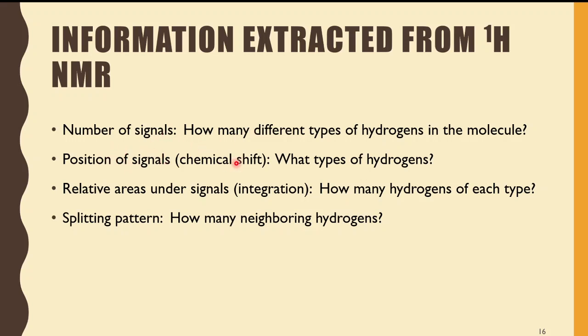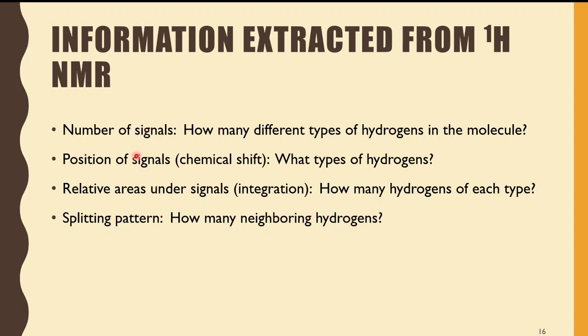The position of the signals tells you what types of hydrogens there are in your molecule. And the integration, as we've seen just now, tells you how many hydrogens of each type you have. And what we're going to cover in the coming lecture is the splitting pattern, the coupling pattern, which tells how many neighboring hydrogens there are.